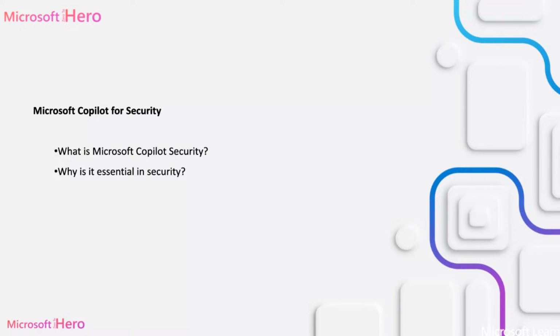With Copilot, you get help spotting these threats early, automating time-consuming tasks, and responding quickly when something happens. This saves time and helps prevent a small issue from turning into a big problem. Essentially, Copilot helps you stay one step ahead by using AI to manage and enhance your security.